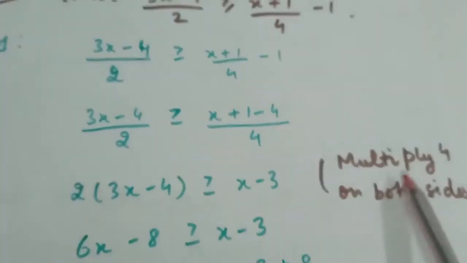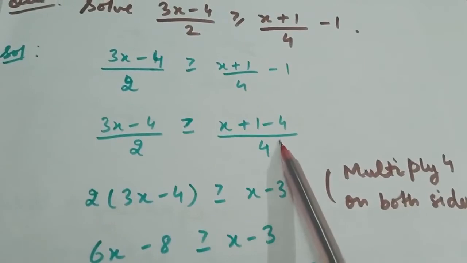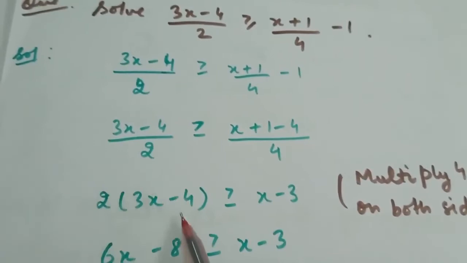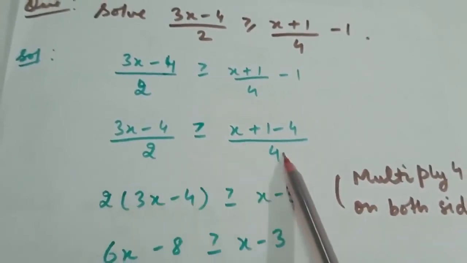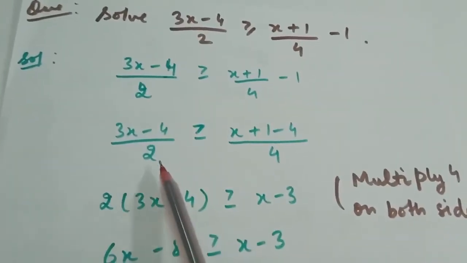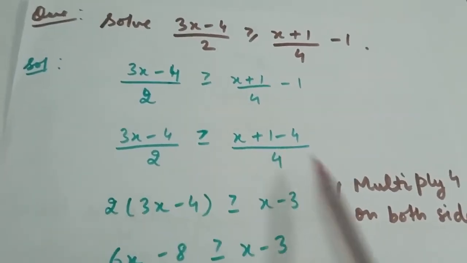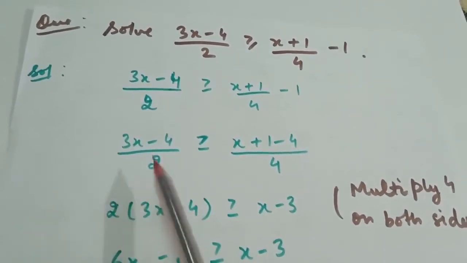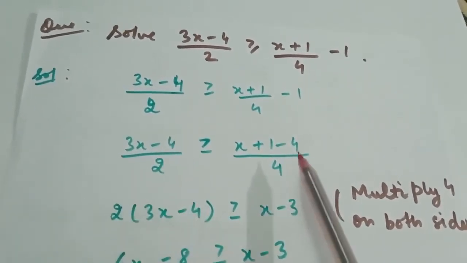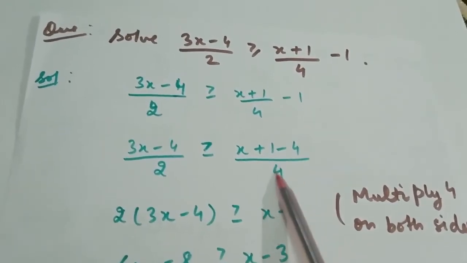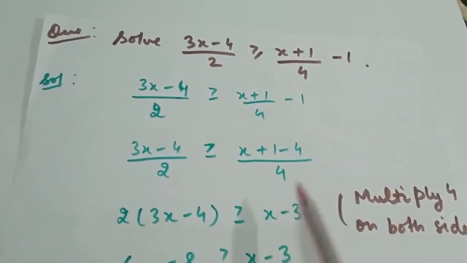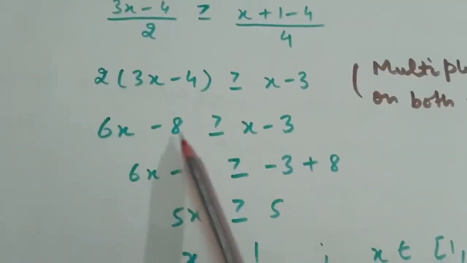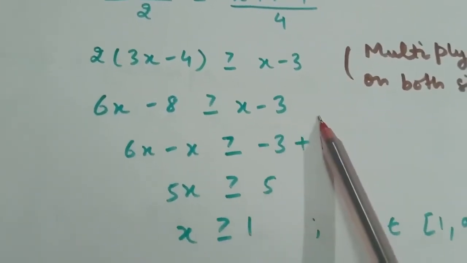Now multiply 4 on both sides, because the denominators are 4 and 2, and the LCM of 2 and 4 is 4. When you multiply this side with 4, you are left with 2, as 4 upon 2 is 2. And when you multiply this side with 4, the 4 cancels out with the denominator, so you're left with x - 3. Now multiply 2 with this: 6x - 8 ≥ x - 3.